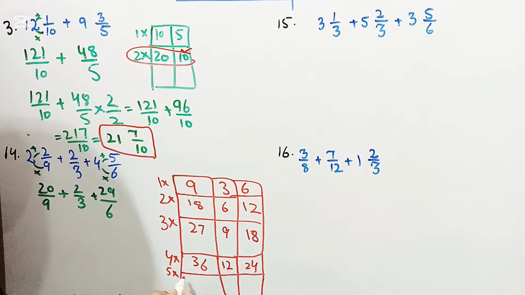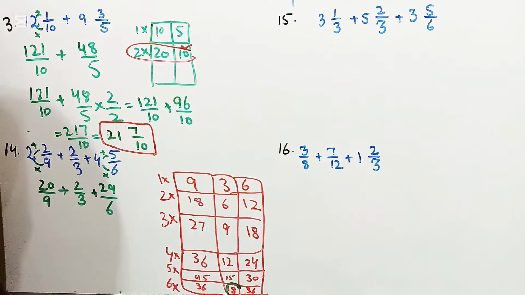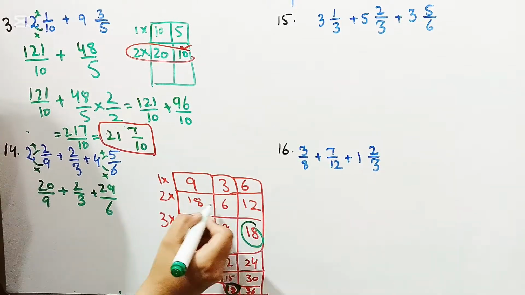When we multiply with 5, 45. 15. 6 5s are 30. When we multiply with 6, 36. 18. 6 6s are 36. Now we find the same denominators. 18, 18, 18, 18.